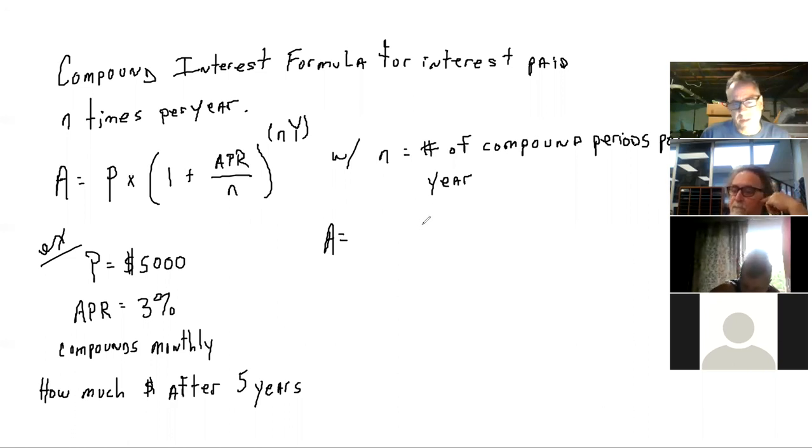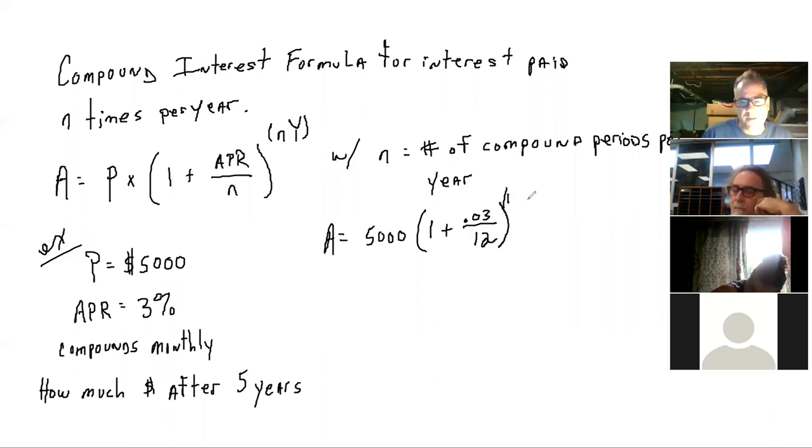We understand if there's nothing there, it is multiplication. It'll be 1 plus, APR was 3%, so as a decimal that is 0.03. Move the decimal place twice. And I'm going to divide this by 12 because I'm compounding monthly. And then up in the exponent, N was 12 again. So put a little parenthesis here, 12, and then it's over 5 years. So 12 times 5.